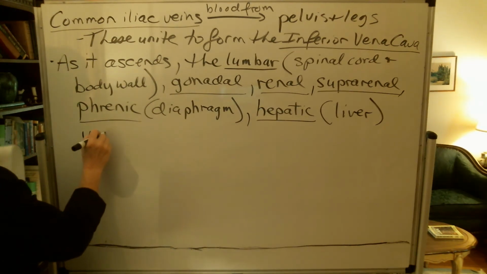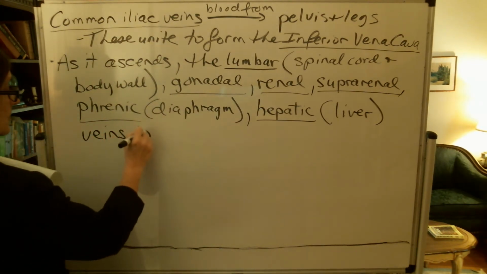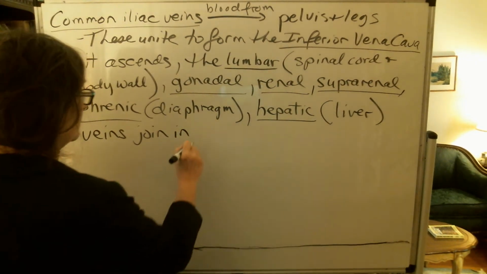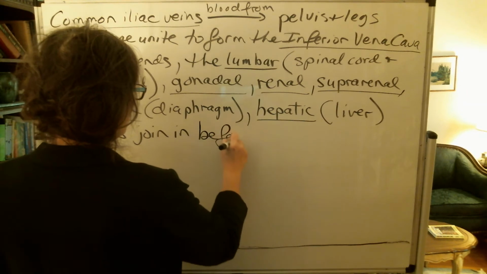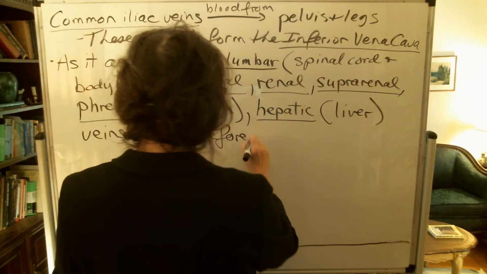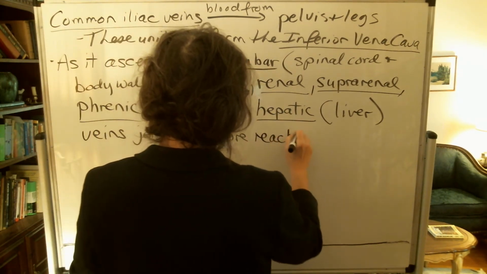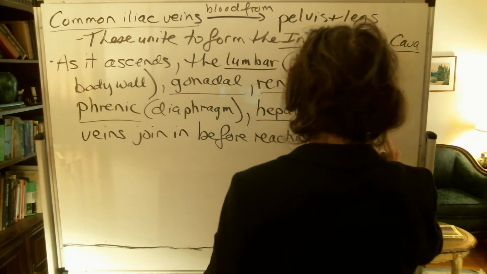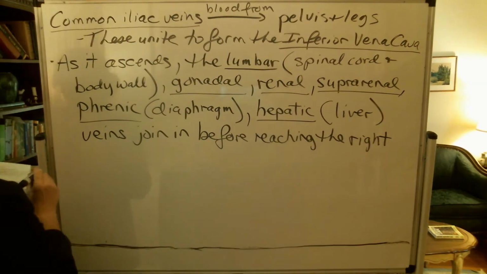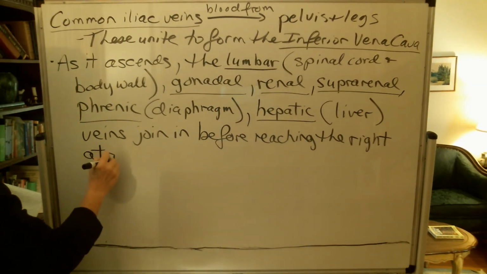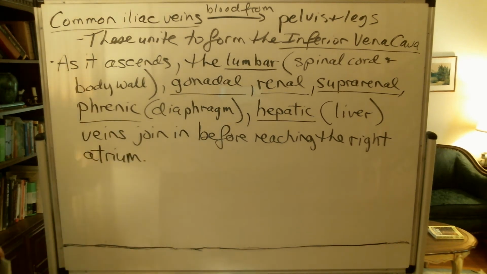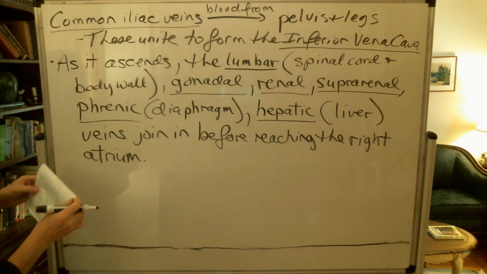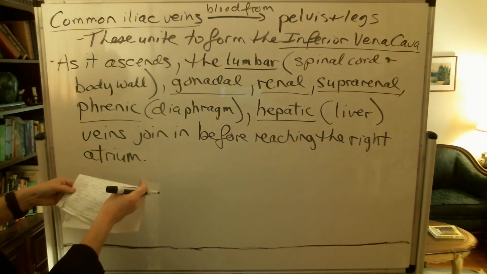So all of these veins then join in before reaching the right atrium. So that then is how you wind up getting the inferior vena cava forming.